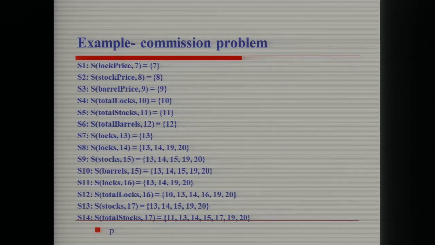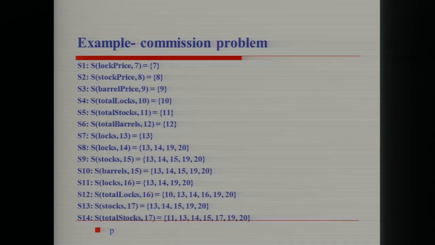So it will have the statements 11. In the 11 it is being assigned the value 0. So through the def A, it is the 11, 13, 14, 15, 17, 19, 20.